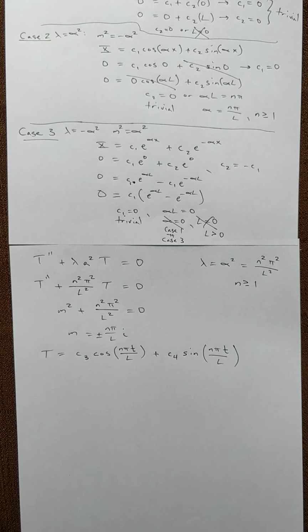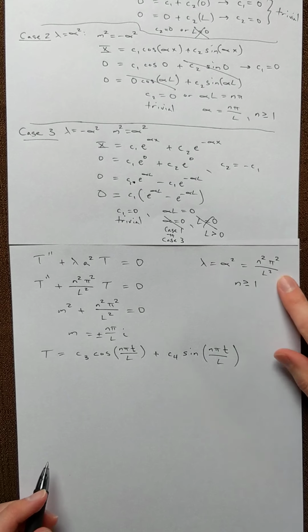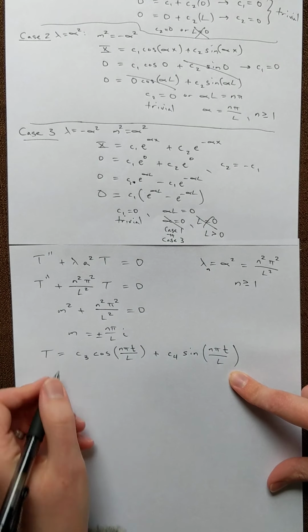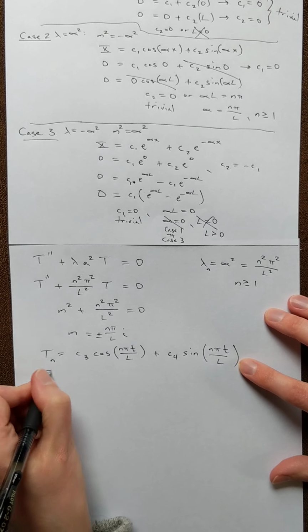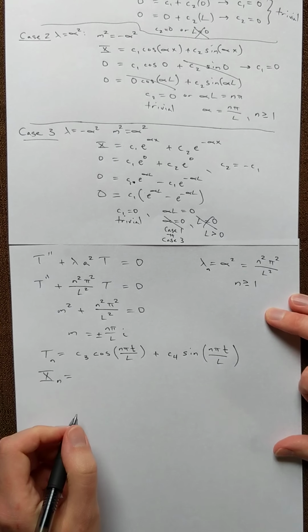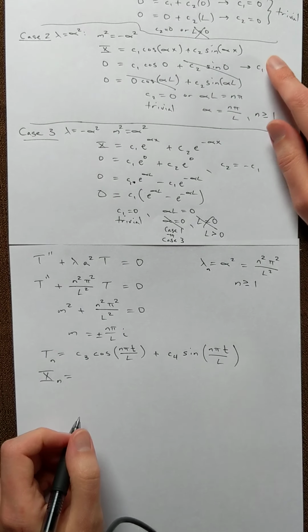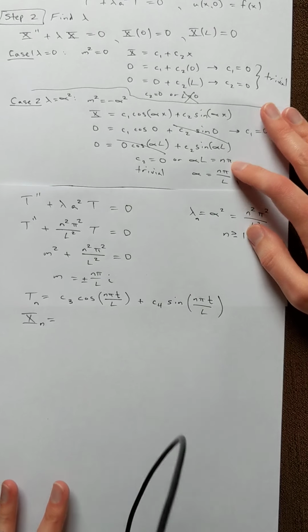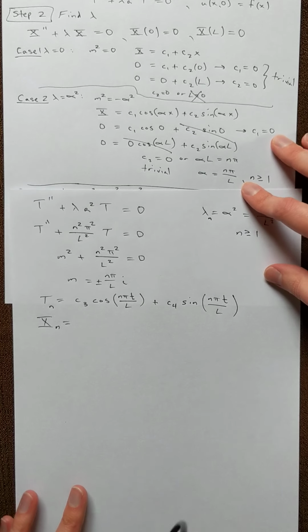Okay, so we have some eigenvalues and the corresponding eigenfunctions. So for this value of lambda, this is our t. So let's call these lambda n and tn. And let's go ahead and rewrite the xn. X back in case 2 where we actually had eigenfunctions and eigenvalues.